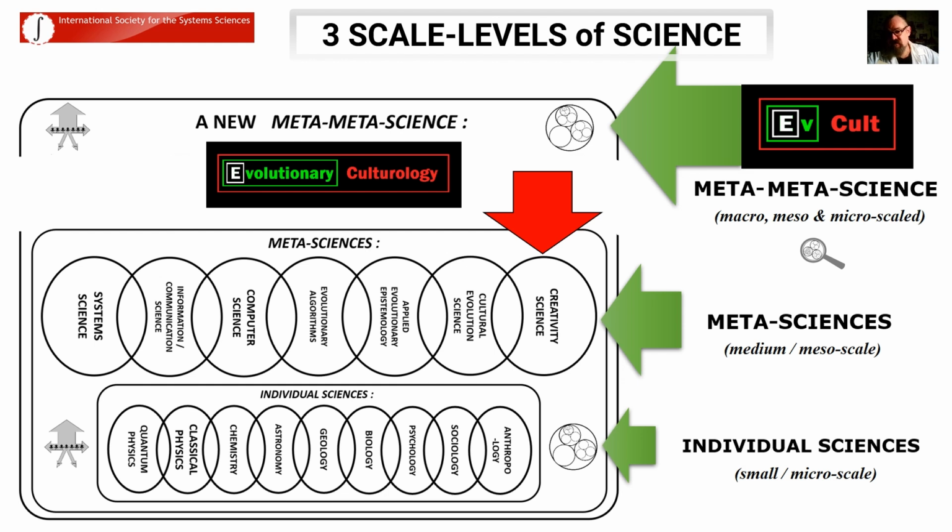So physics, chemistry, geology, biology, psychology, sociology, anthropology. A creative unit is one that is judged new or original, useful or adaptive and effective, and surprising or non-obvious by its environment.